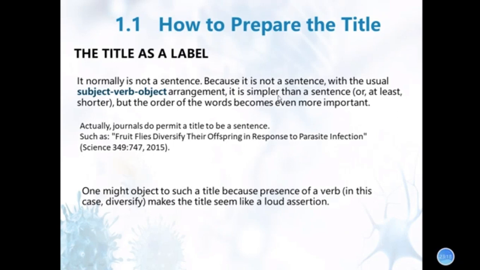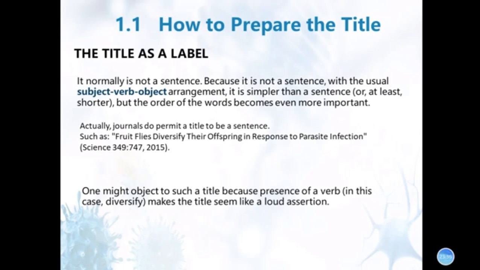It is simpler than a sentence, or at least shorter than a sentence. So the order of the words becomes even more important.